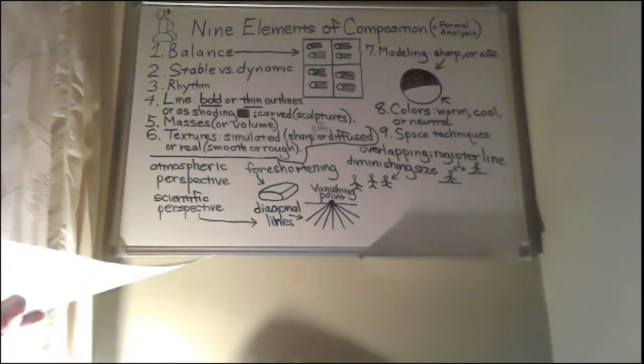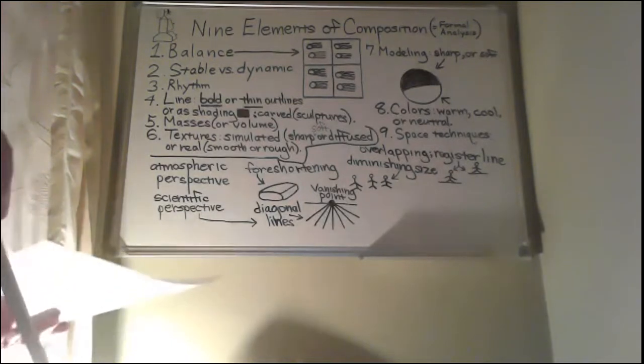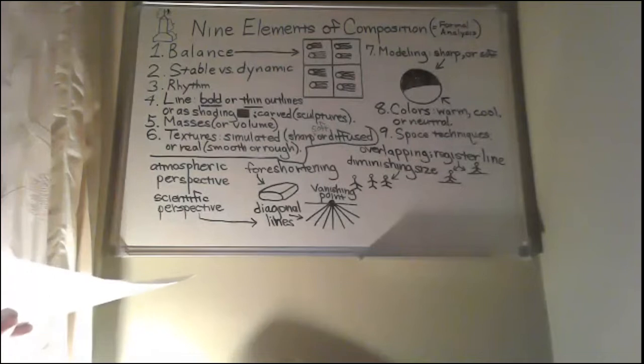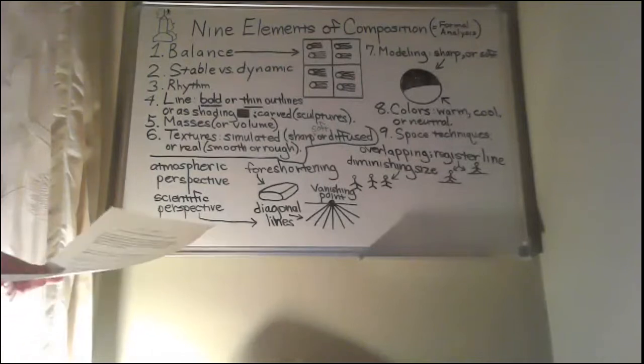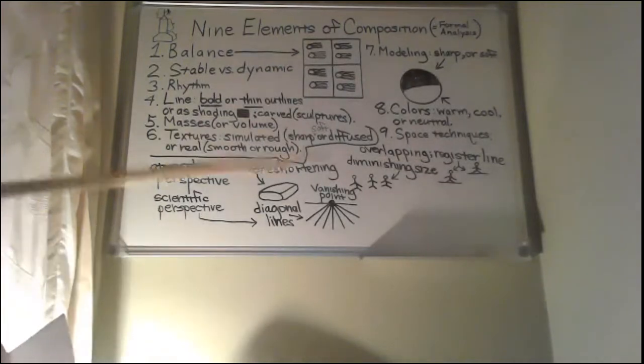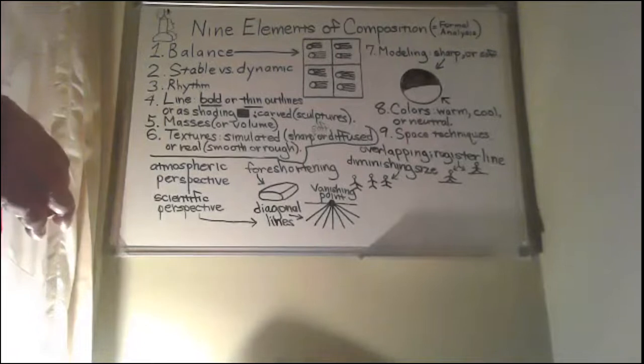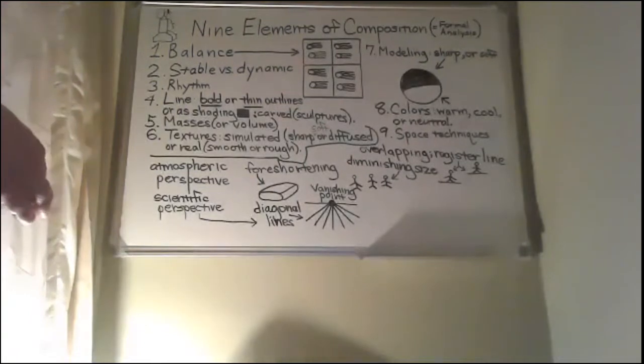And those objects that are being overlapped are supposed to be further away from us or further away from the viewer. I don't think that needs explaining. It's pretty self-evident when you see it. Overlapping is the oldest technique ever used in the history of art. Even old prehistoric cave paintings used overlapping.